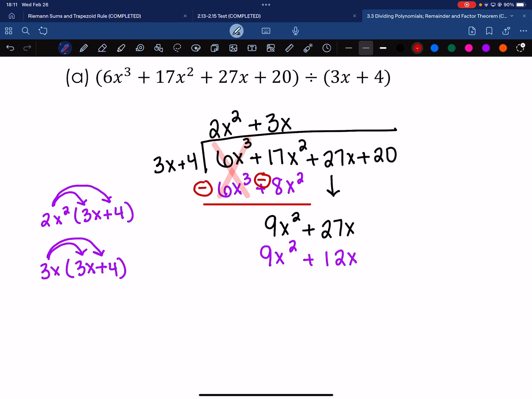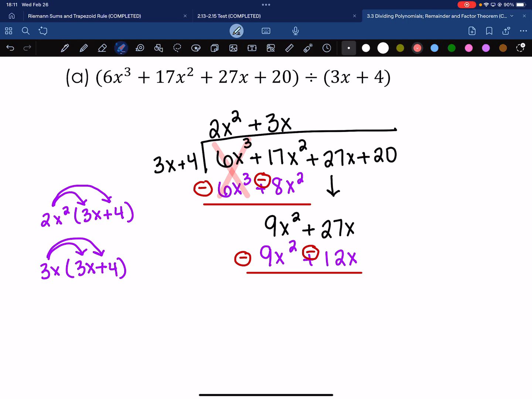Once you're here, draw your line, change all your signs. If it's positive, it becomes negative. If the sign was minus or negative, it becomes positive. You're changing it to its opposite sign.